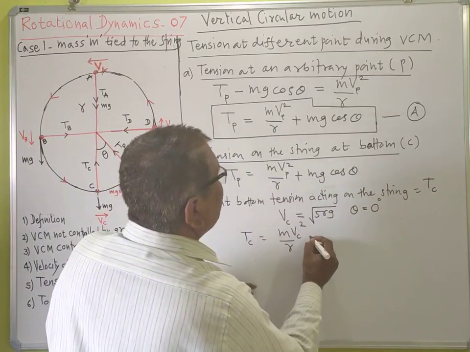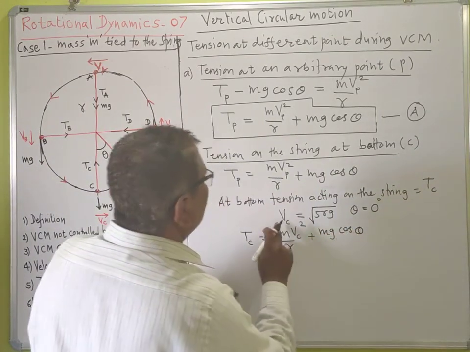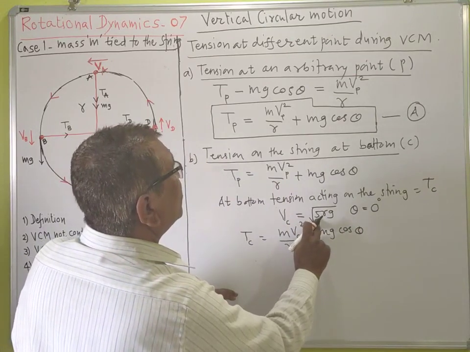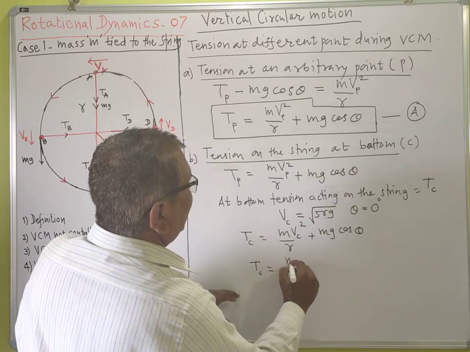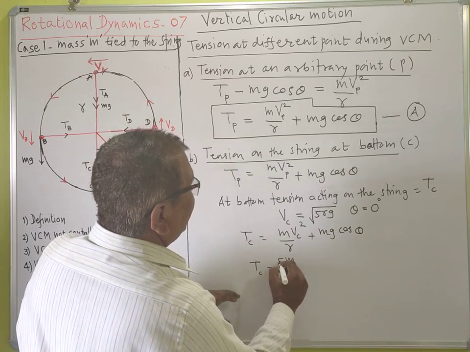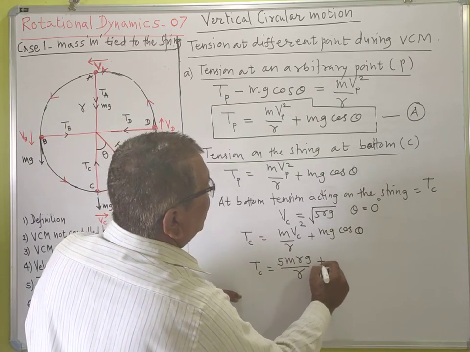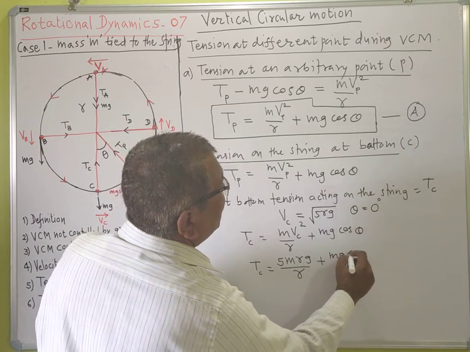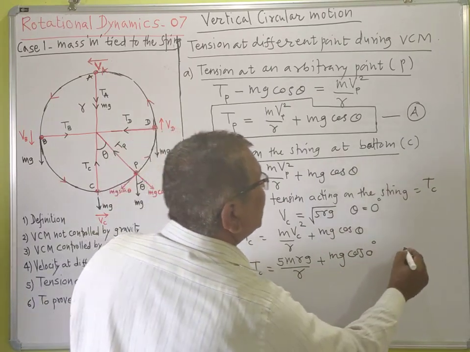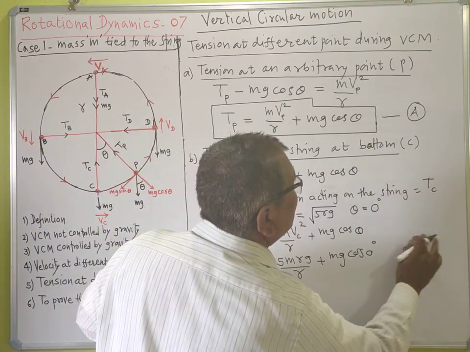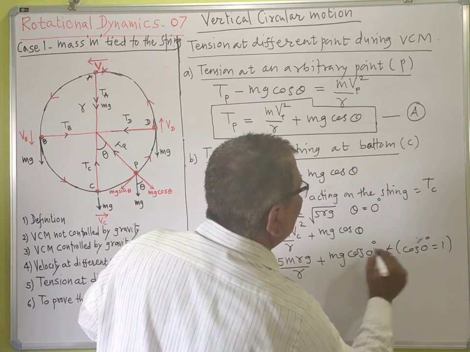We put Vc square equal to 5 rg. So Tc is m into 5rg upon r plus mg cos of 0 degree, and cos 0 degree is equal to 1. So put that value here.